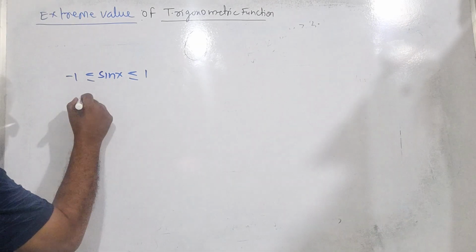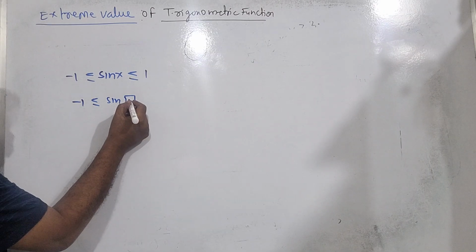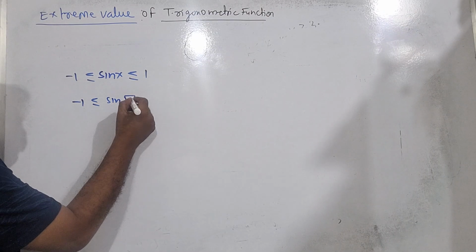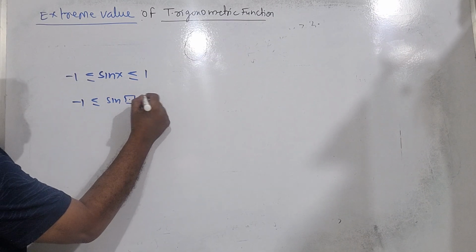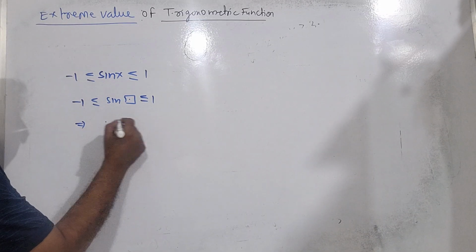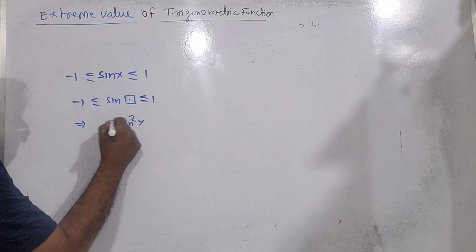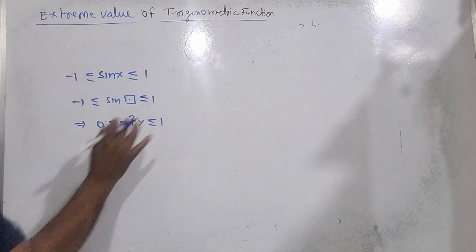I am writing the square over here, so the angle can be x, x by 2, 2x or 3x, whatever it is. And from here also I can get the range of sin square x. Sin square x range is between 0 to 1, including 0 and 1.